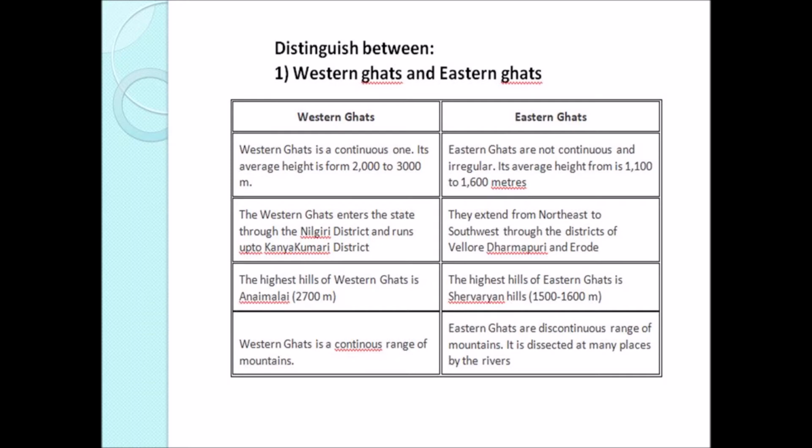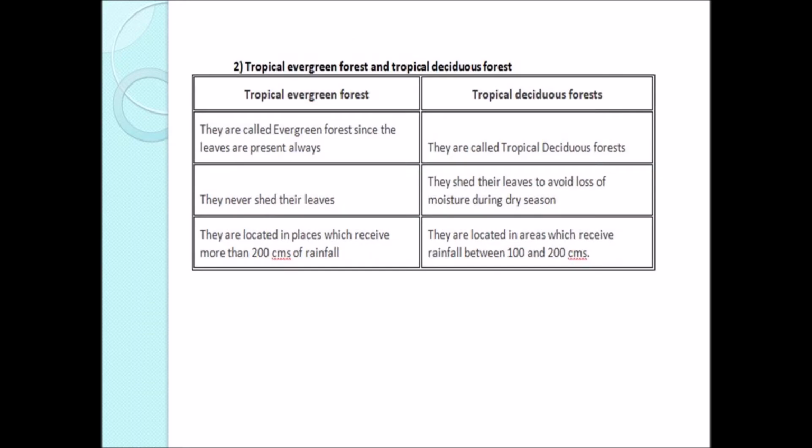Okay, children. Second question, distinguish between tropical evergreen forest and tropical deciduous forest. The tropical evergreen forest never shed their leaves. So the trees in the tropical evergreen forest never shed their leaves, and the trees in the tropical deciduous forest shed their leaves to avoid loss of moisture during dry season.